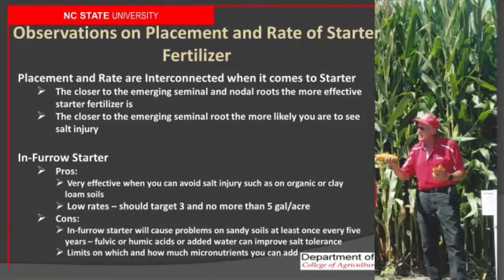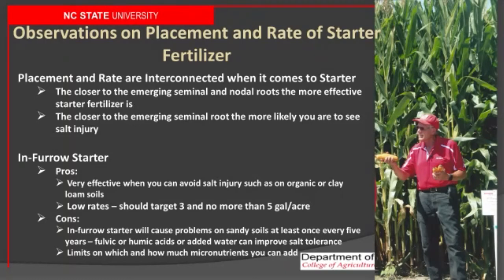In essence, there's two things you've got to think about in placement. You're trying to influence nodal roots. Those nodal roots are above the seed, above the seminal roots. You don't want to get too much salt close to the seminal roots.